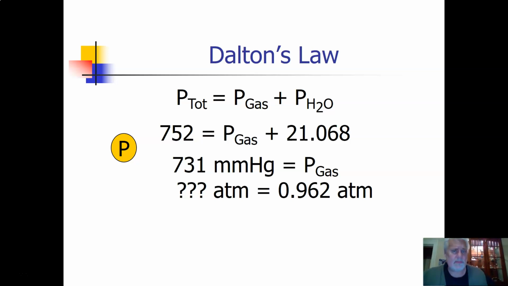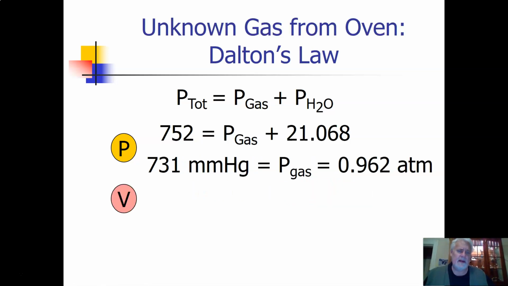Okay, so we kept it in millimeters of mercury until we did that, but for reasons you are going to see, we're going to want to put that in atmospheres. All right, and then the volume, it's in milliliters, but we never use milliliters when we're doing gas laws.